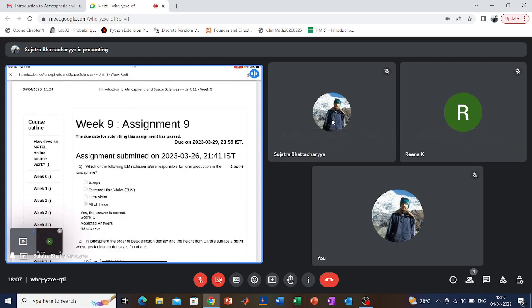So X-rays is one of the shortwave electromagnetic radiation which creates ions in the ionosphere. Then extreme UV radiation is also there. Ultraviolet is also there, which also produces the ions in the ionosphere. Therefore, in totality, all of these will be the correct option for this particular question.